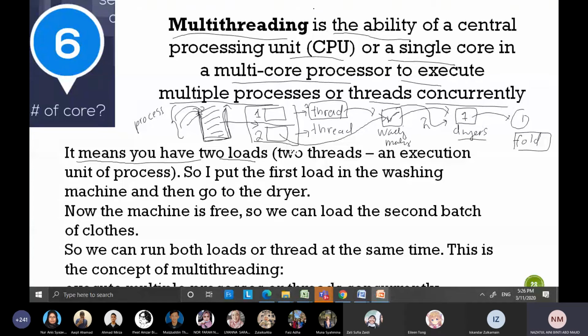When we say that your computer can support multi-threading, it means that they divide the process into a small number of units. We call them threads. And then it depends on the resources in your computer.